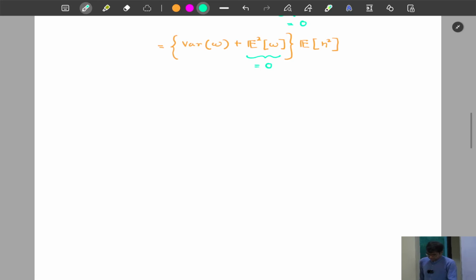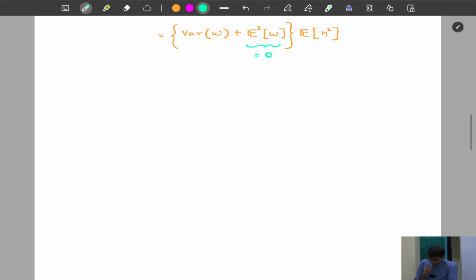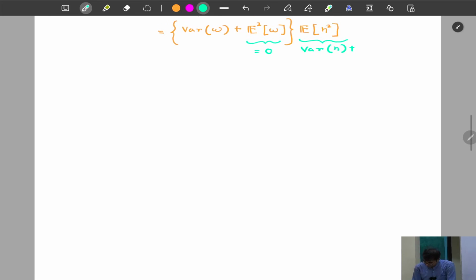And now what we can do is as follows. This term, let us take, and I can write this second term in the same formula, variance plus expectation square. So let us do that. So this is equal to variance of H plus expectation square of H.